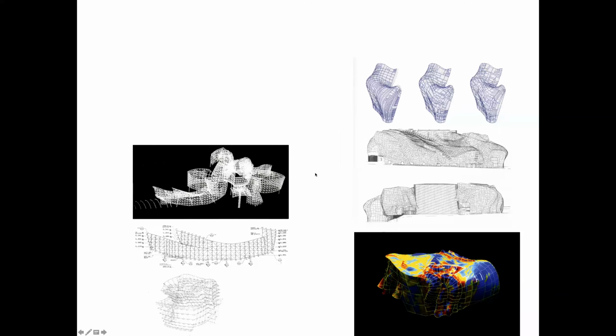So you take a complex form. This is one of the earliest examples of taking a digital model and doing something spectacular with it. This is the Guggenheim in Bilbao, Spain, by Frank Gehry, right? This is part of the envelope model for it, taking a bunch of complex shapes and breaking them up into quads, and then breaking each of those quads up diagonally in order to create triangles, right?